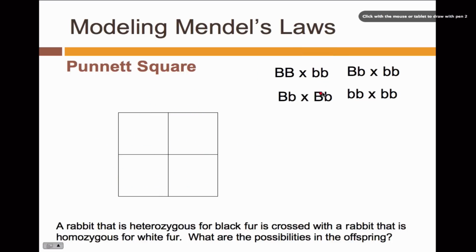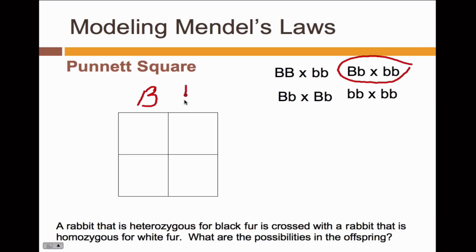So let's try a different cross. Let's try this one where we have a heterozygous for the black fur and we have the homozygous recessive. So again, the capital B comes down, the lowercase b comes across. This one, the lowercase b comes down, lowercase b comes across.